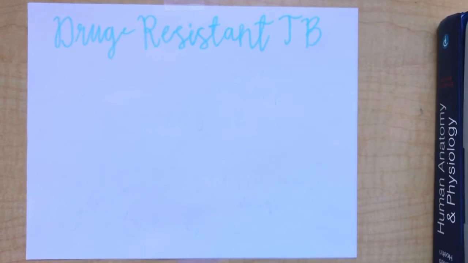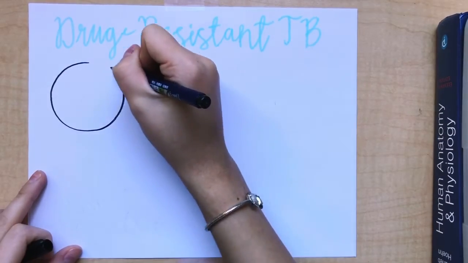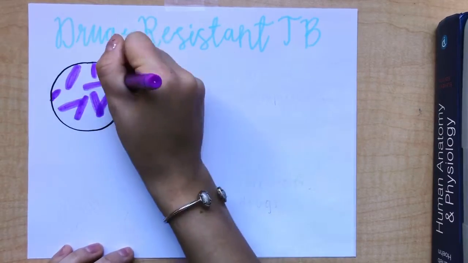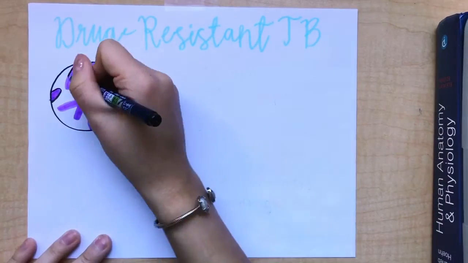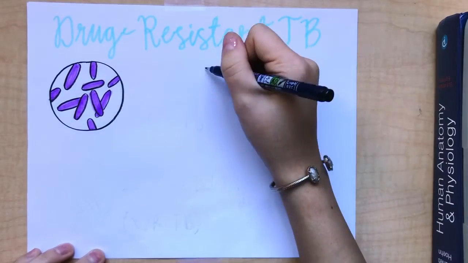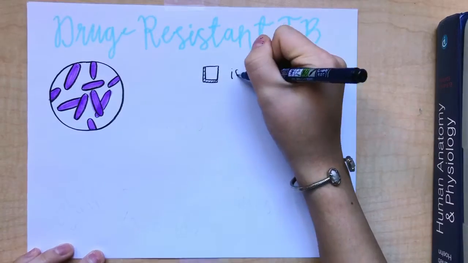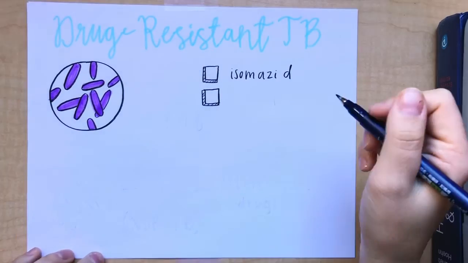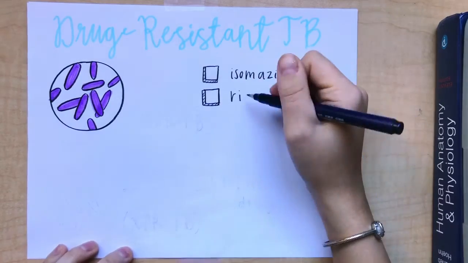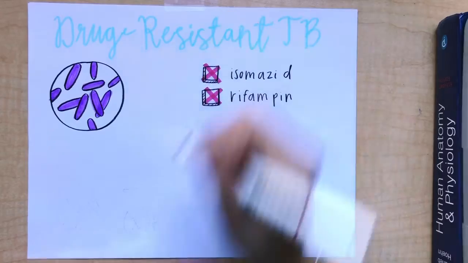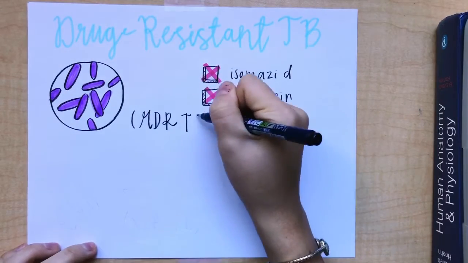And now we're going to be talking about two different strains of drug-resistant tuberculosis. So these mycobacterium right here are going to be resistant to the two most common types of antibiotics. And this means that you cannot be treated with these because they are resistant to them.